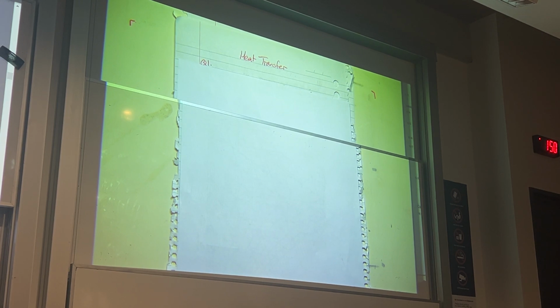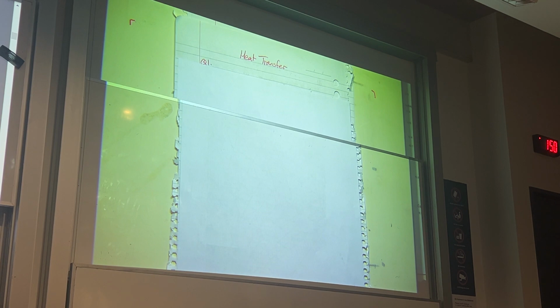So what have we learned since the midsemester? Psychrometry, refrigeration. So we'll get into the heat transfer. Question one, we're going to evaluate two options for heat exchangers. Currently we have a parallel flow, but they're thinking of replacing it with a counterflow design.